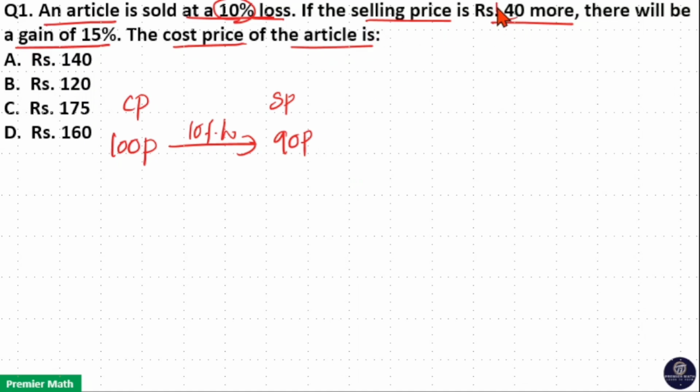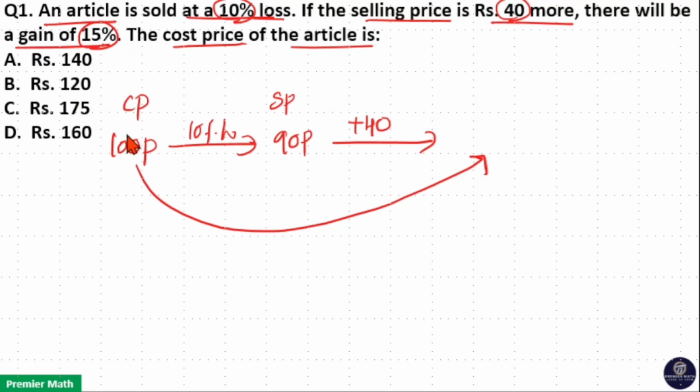Now, if the selling price is rupees 40 more, there will be a gain of 15%. Now, gain of 15% means gain is always calculated upon the cost price. So, 15% means 100 plus 15, 115 is the new selling price, 115 parts.